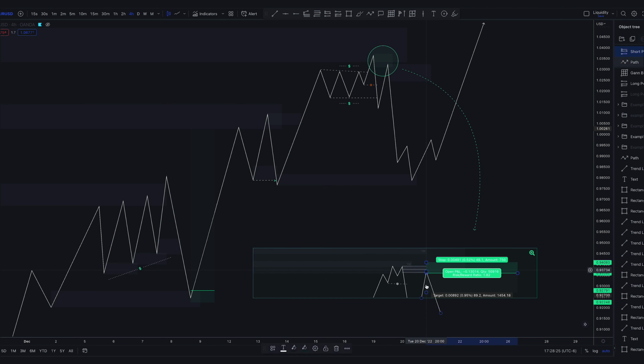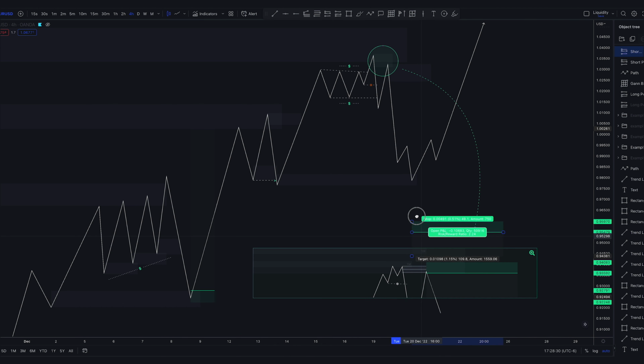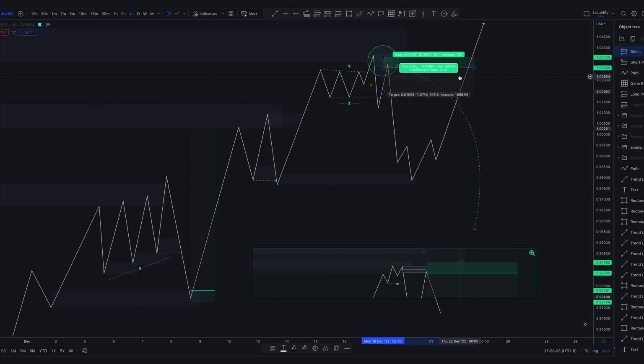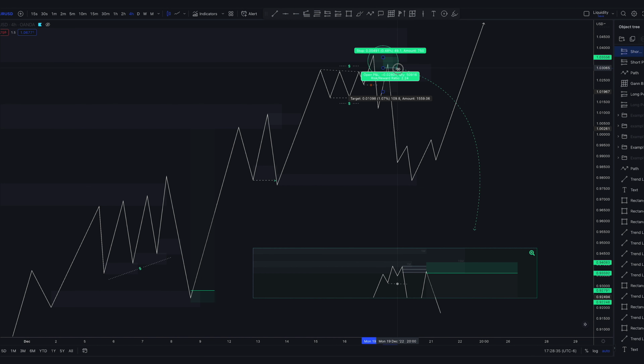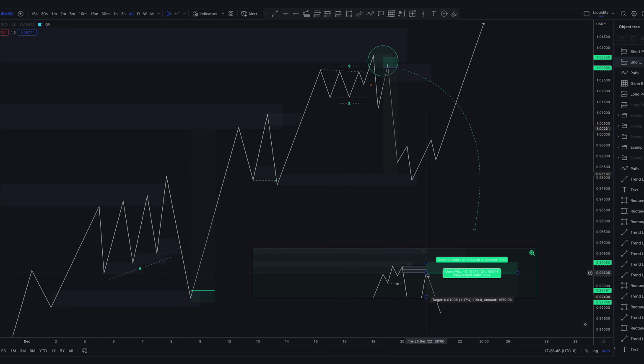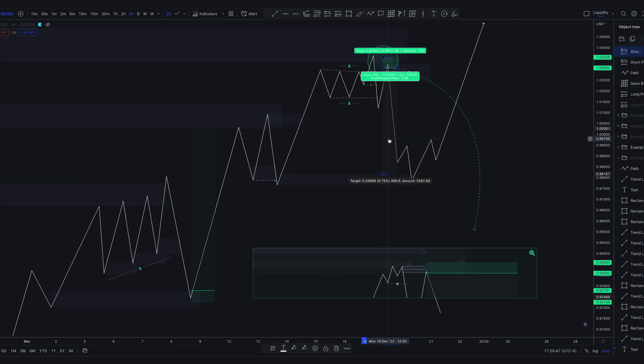So you would enter here, covering the highs, and you could be looking to set your targets to this next demand, correct? So you could do that if you want, taking the risk entry. That means just setting your entry order at the highest point of this move.